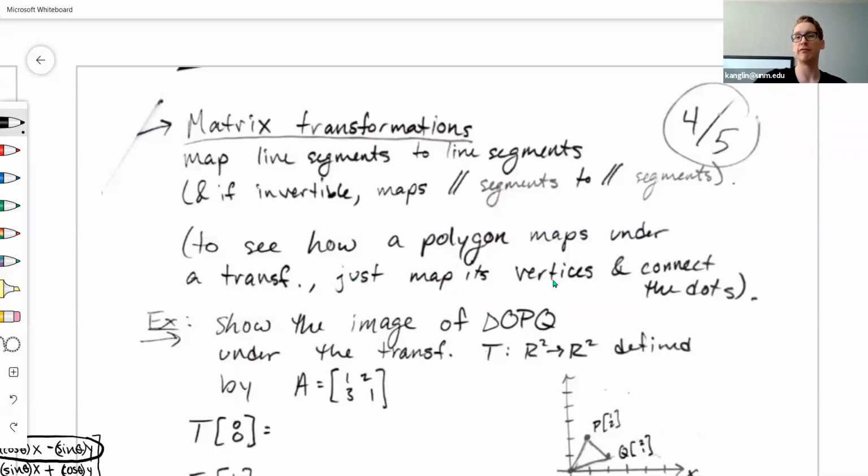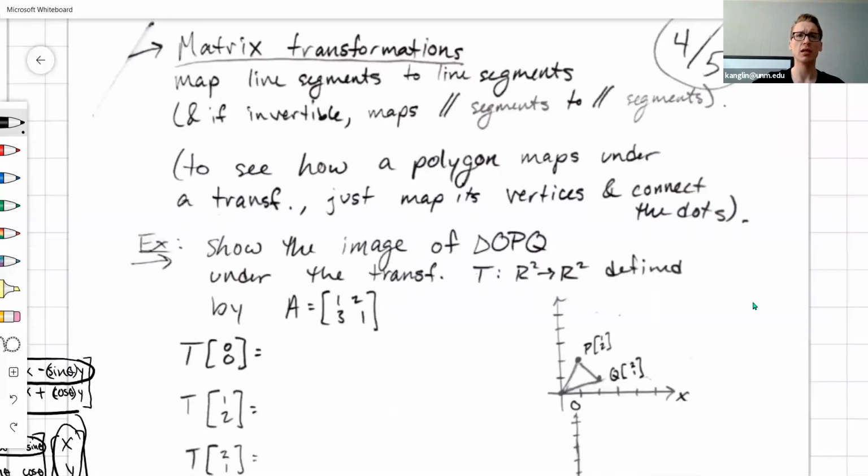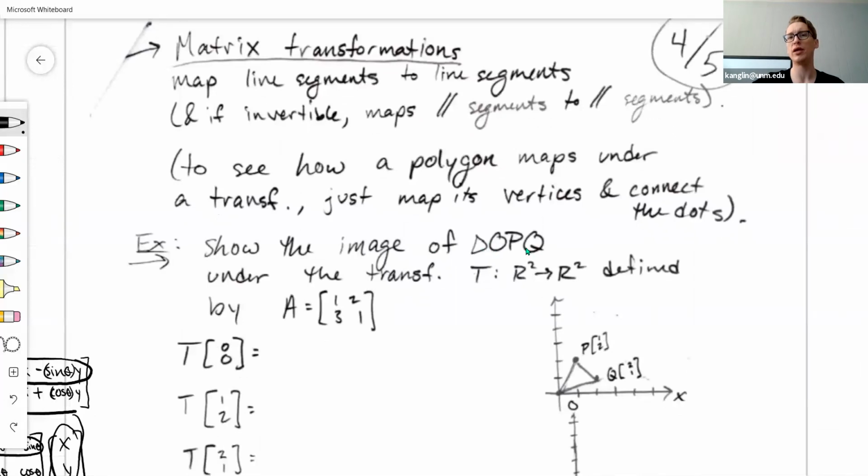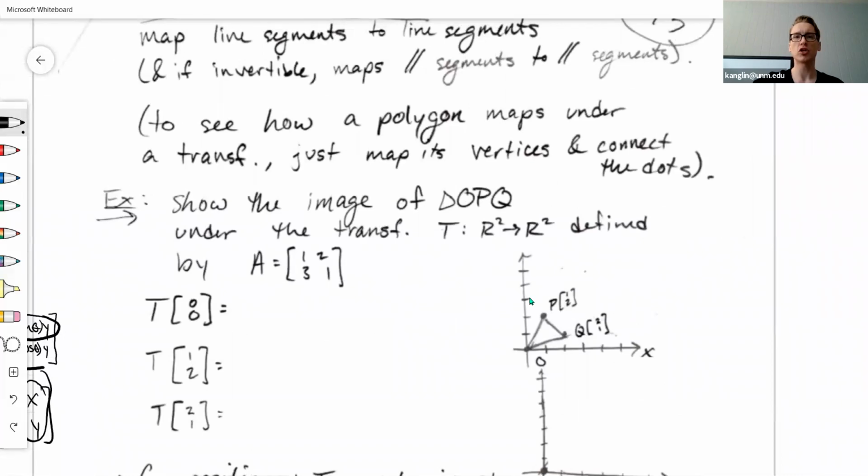All you do is map the vertices and then connect the dots in the codomain. So let's see an example of that. Let's show the image of triangle OPQ under the transformation T taking R2 to R2 defined by this matrix, 1, 2, 3, 1. Well, all we're going to do is look at our triangle OPQ that I've written here.